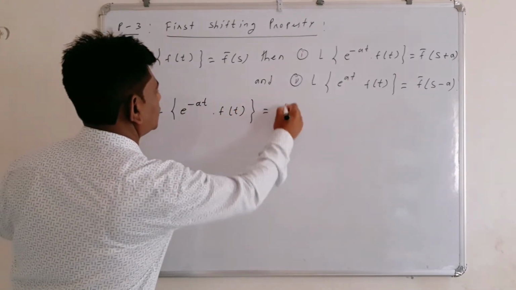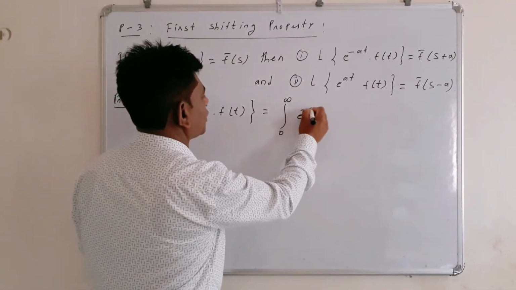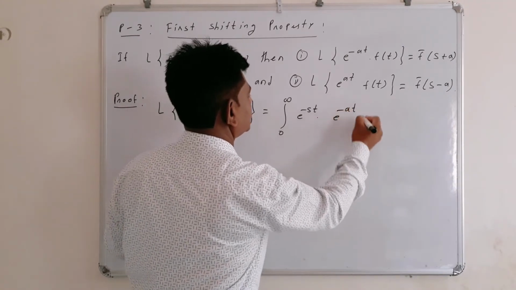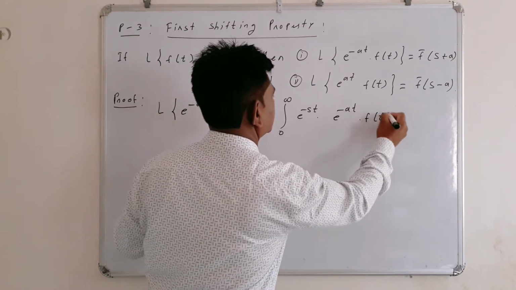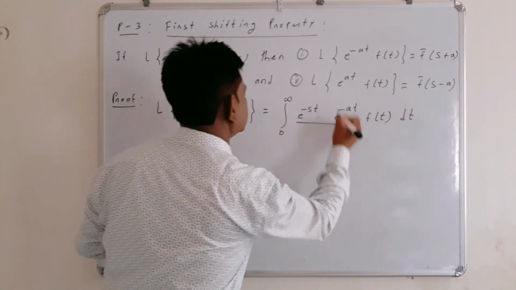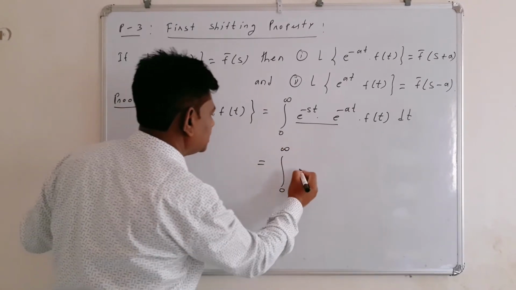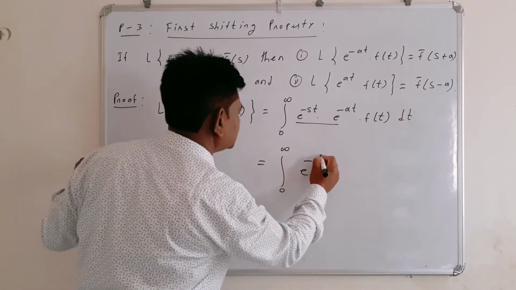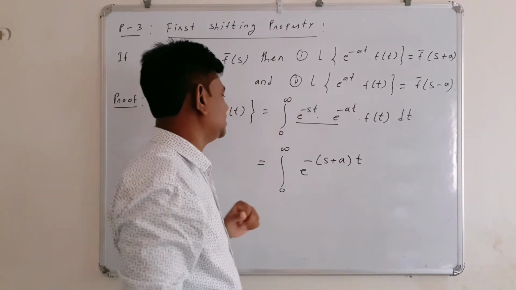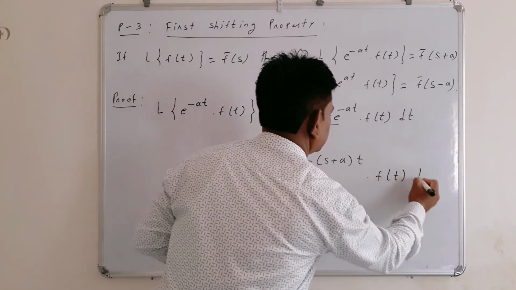Now it is proved that by definition, Laplace transform of e to the power minus at f of t is equal to integration 0 to infinity e to the power minus st times e to the power minus at f of t dt. Now by using the laws of indices, this is equal to integration 0 to infinity e to the power minus (s plus a) times t, here t is common, times f of t dt.